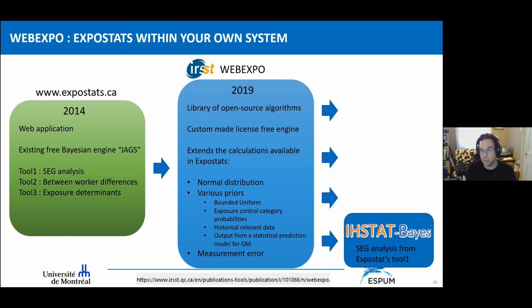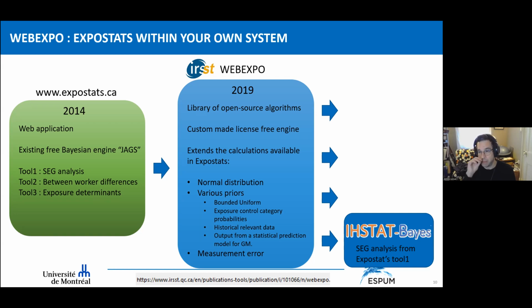Our aim in doing that was to facilitate the use of these Bayesian calculations, which we think improve data interpretation, state-of-the-art methods in the industrial hygiene community. The first offshoot of these algorithms we programmed is that we were able to create a Bayesian version of the IHStat software.